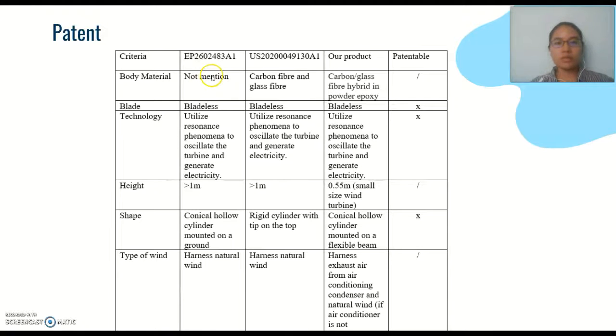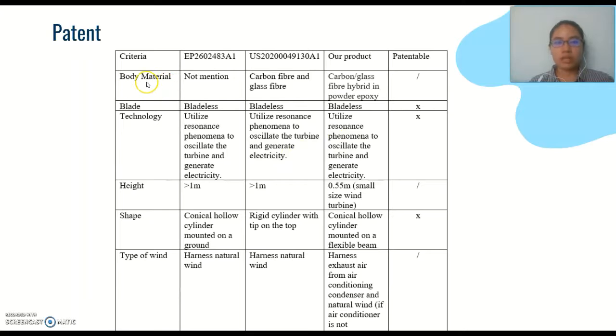We went through two patents which are similar to our product. Both of these patents have no blades and also utilize resonant phenomena to oscillate the turbines and produce electricity, which is similar to our product.